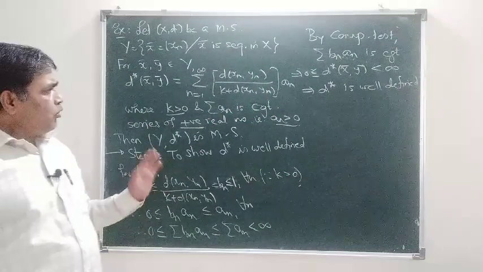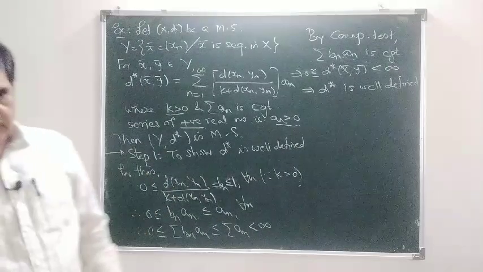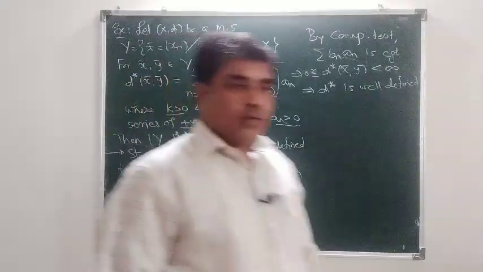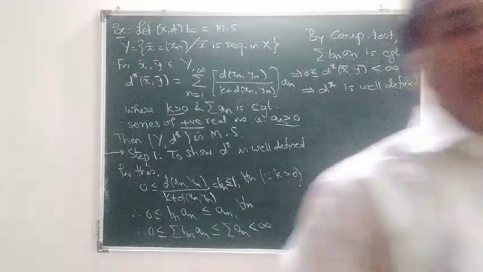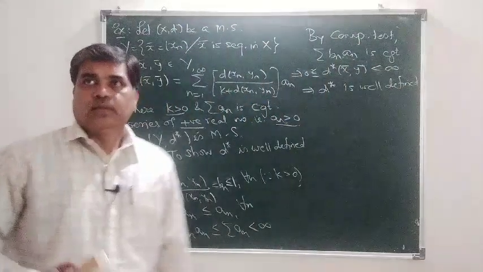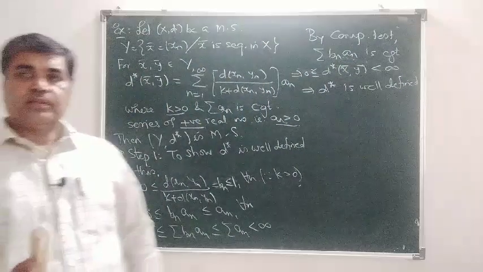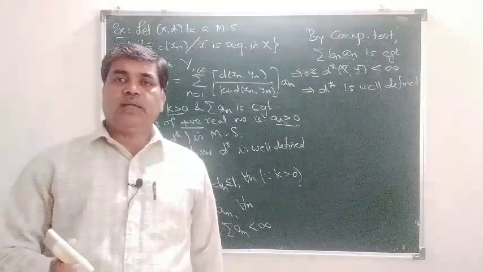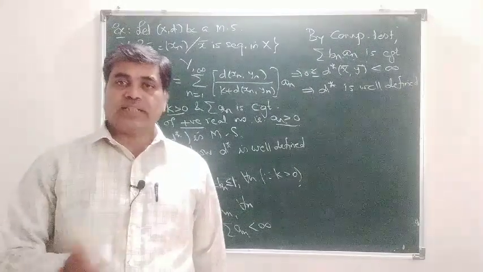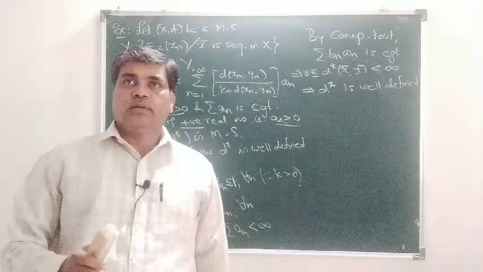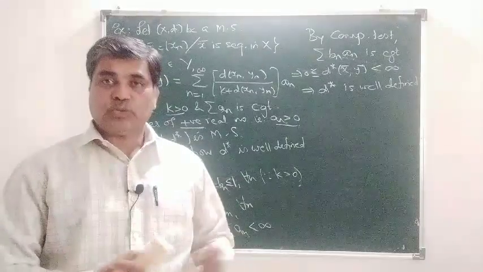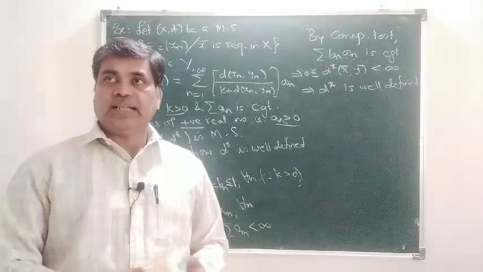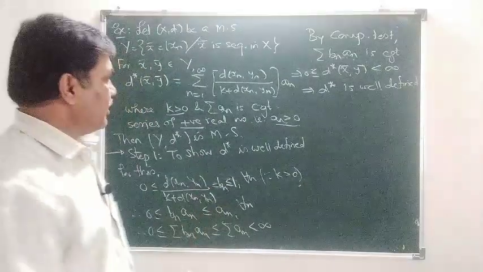Now we have to verify this function d star satisfies the metric axioms, means we have to prove d star is positive valued, d star of x bar, y bar greater than or equal to 0, d star of x bar, y bar is 0 if and only if x bar is equal to y bar, means the two sequences are equal, the symmetry axiom holds, and the triangle inequality.